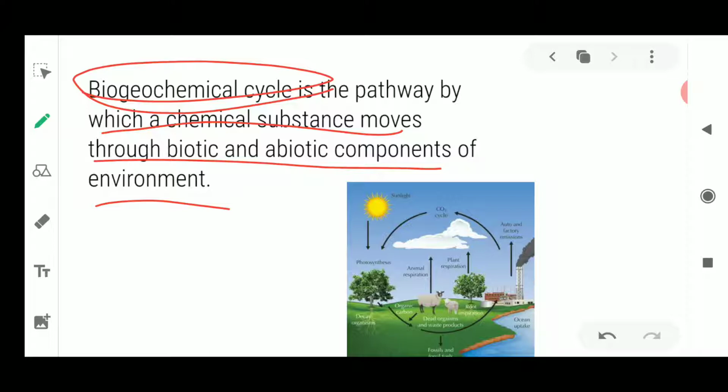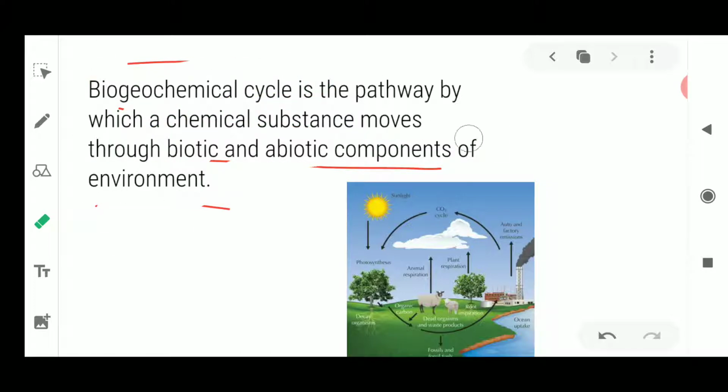It is related with the living thing, and it is related with the earth, as well as with the components which are related with chemicals. It is related with the gases and other chemicals. So this was about the biogeochemical cycle.